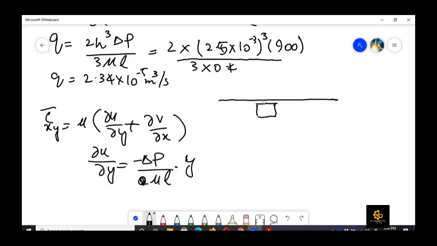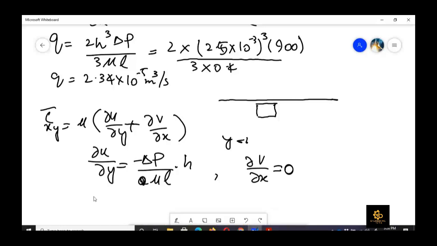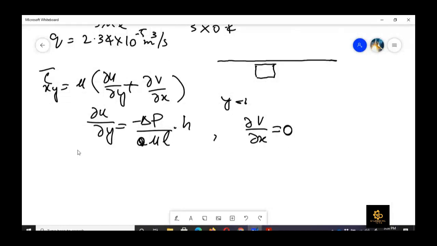Because now we want to calculate it at the upper surface, y is equal to h there. So we can replace it with h, right? Why? Because we are going to determine it at y equal to plus h. And now we also know that partial v by partial x is equal to 0. Why is that? Because the v velocity is 0 for this case.